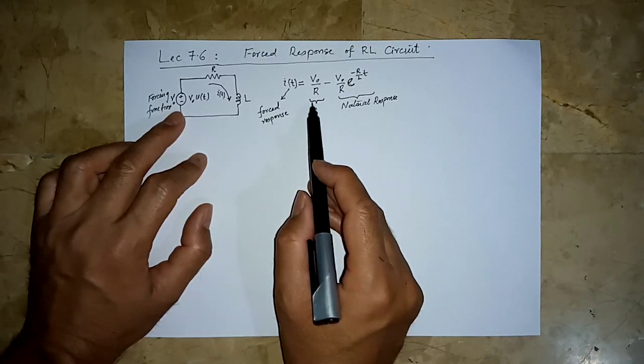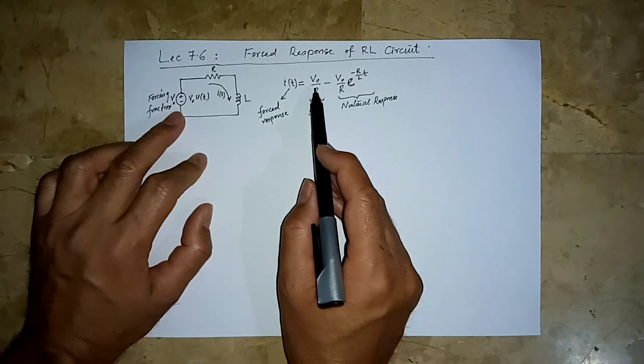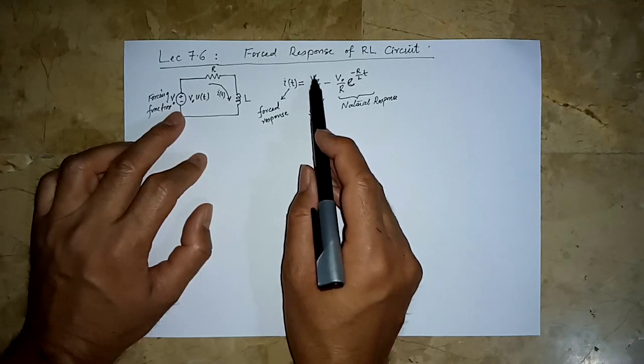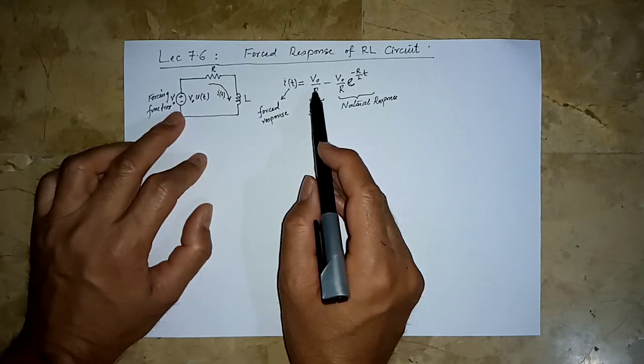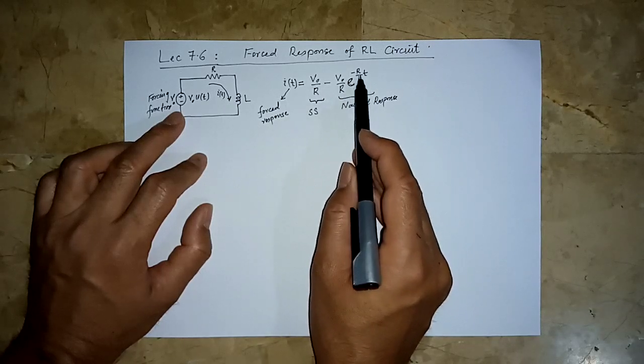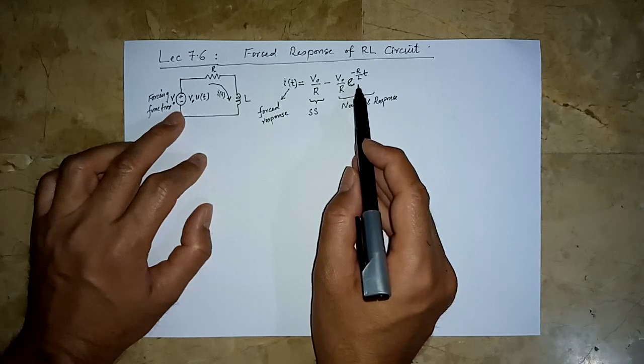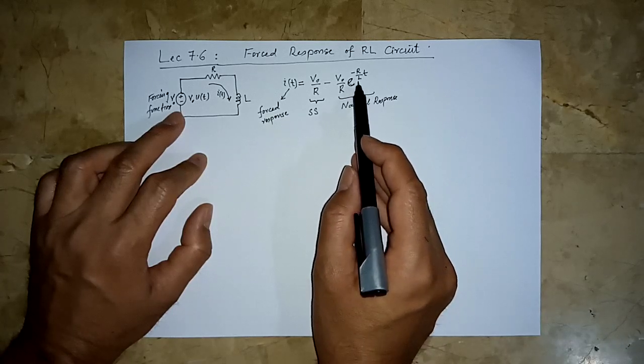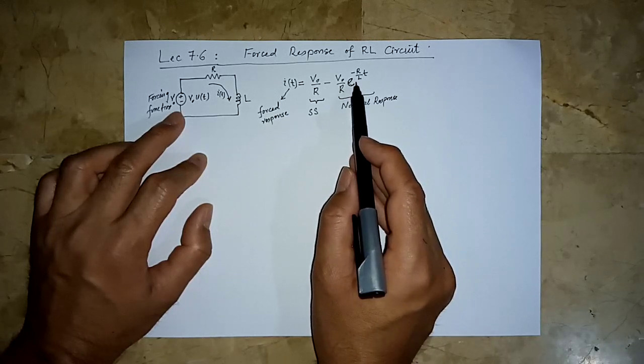Can you see this does not depend on time? For example, if I ask what this term will be after 10 seconds have passed, it will still be the same, a constant. But after 10 seconds have passed, this term is going to be a smaller value compared to what it was at the start, that is at t equal to 0.